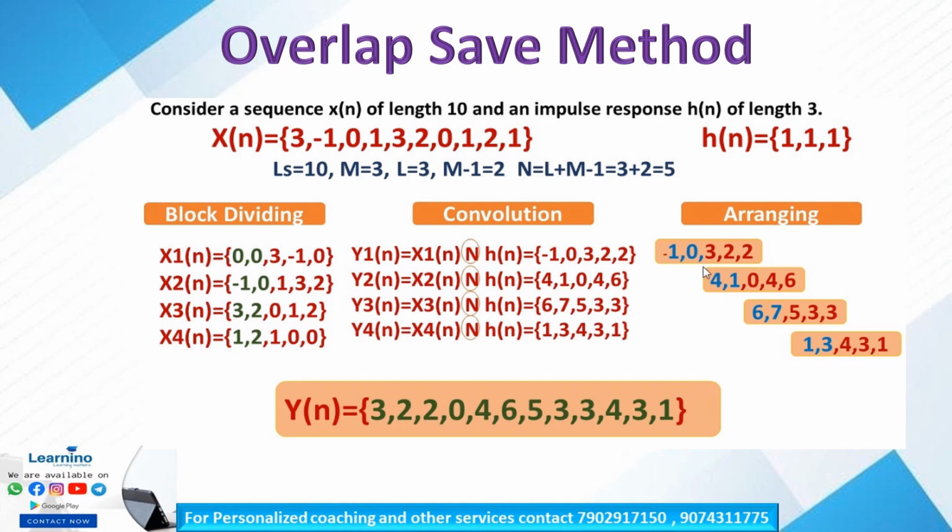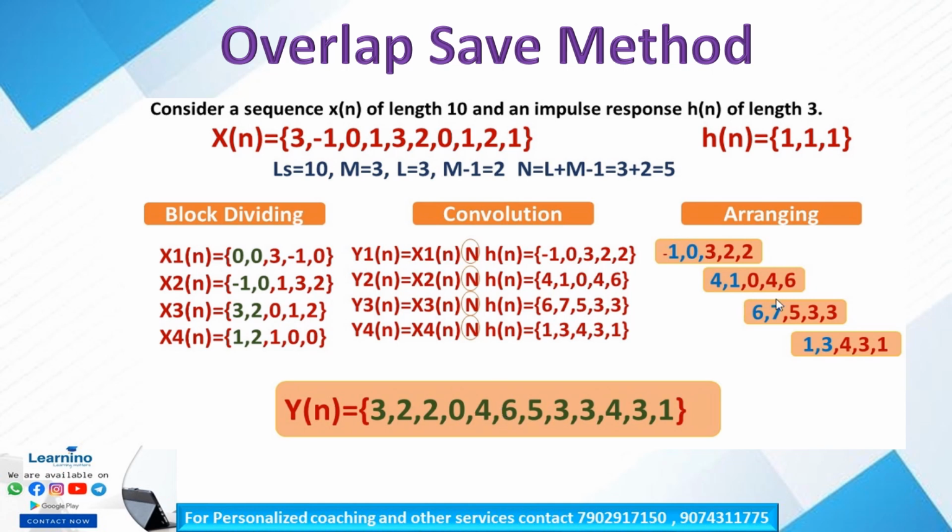It is marked in blue color: from the first sequence we reject minus 1 and 0, and we take the other 3 points from the first convoluted result, that is 3, 2 and 2. From the second convoluted result also we reject the first m minus 1 points, that is 4 and 1, and we take 0, 4 and 6.